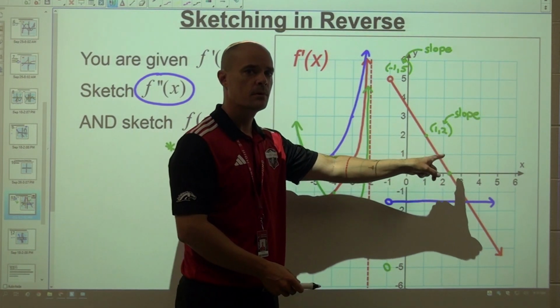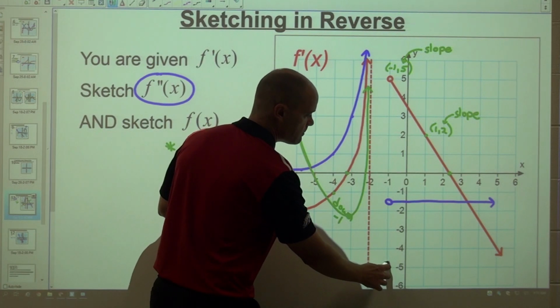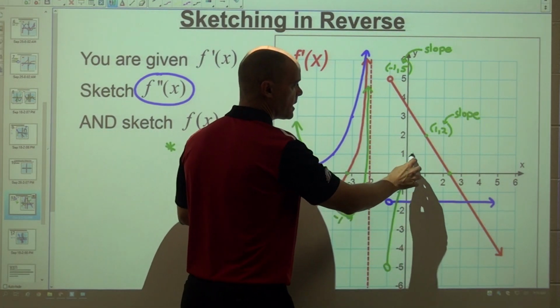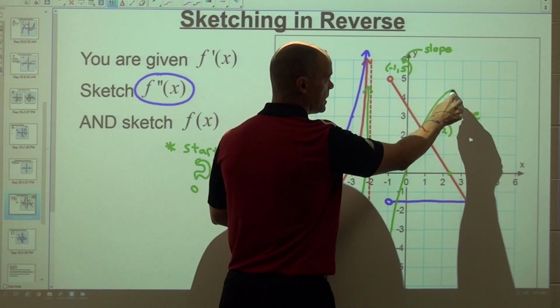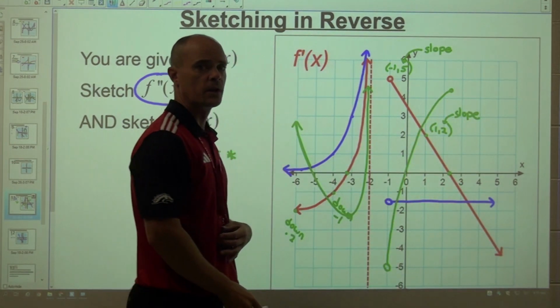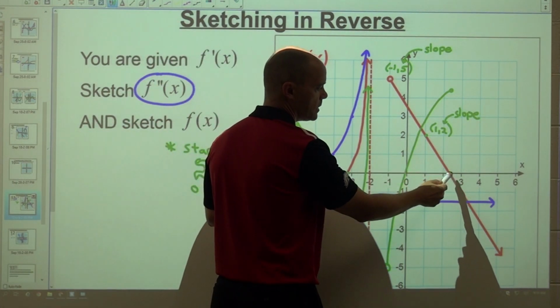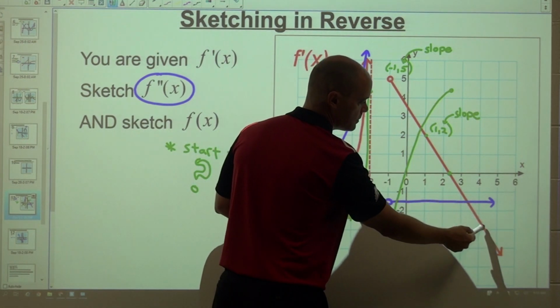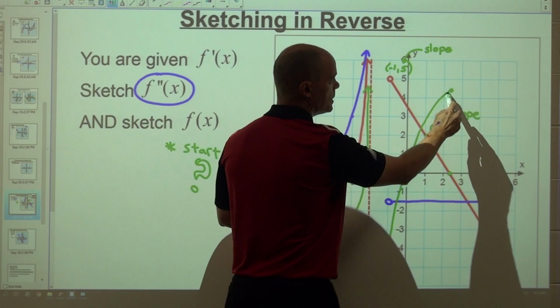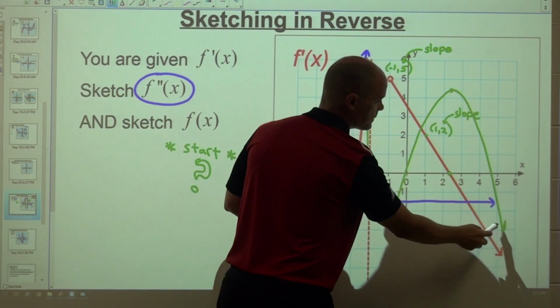We stop moving up. So my pencil is moving up very fast, not as fast, not as fast, not as fast. And then right when I get to here, I'm no longer moving up anymore. What happens after that point? The slope here is negative 1. The slope down here is negative 2, negative 3, negative 4. So that tells me that I'm going down faster, faster, faster, fastest.